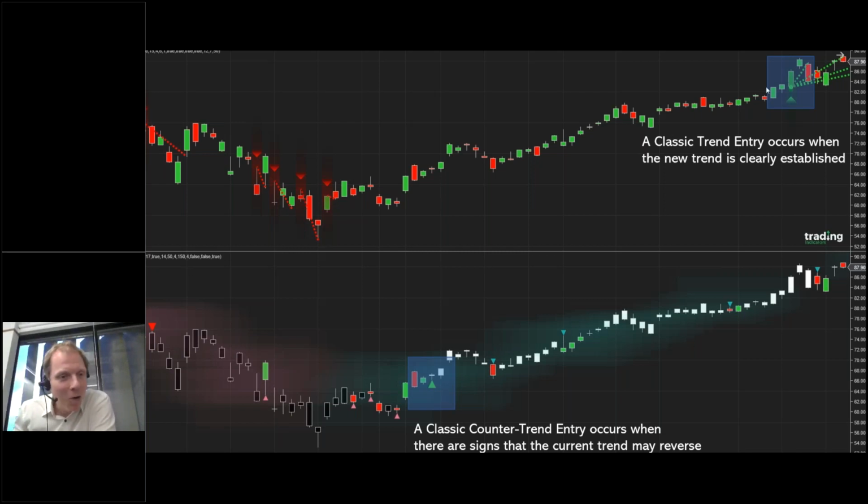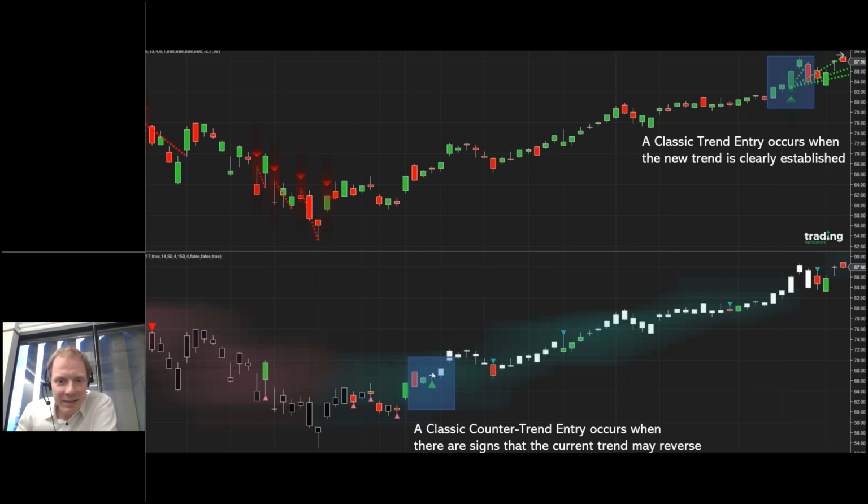up here. Now, at the bottom half, we have a classic counter trend entry. And you can see right away a counter trend entry happens much earlier than the trend entry. In fact, it happens at warning signs where you might think, okay, the downtrend here might come to an end and might reverse to an uptrend. And this is a counter trend entry.